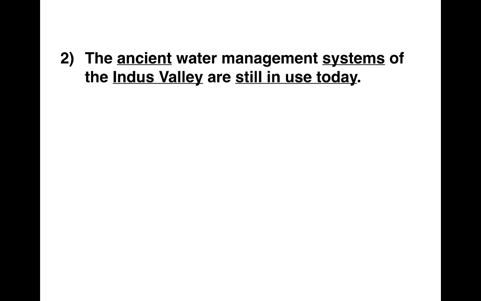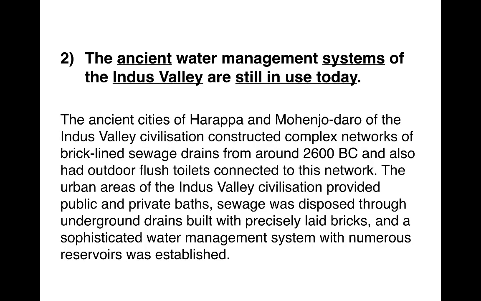So here's the rest of the paragraph after question 1. The ancient cities of Harappa and Mohenjo-Daro of the Indus Valley civilization. Well, let's stop there. We've already seen ancient and Indus Valley. So we're in the right place to get this answer. Indus Valley civilization constructed complex networks of brick-lined sewage.